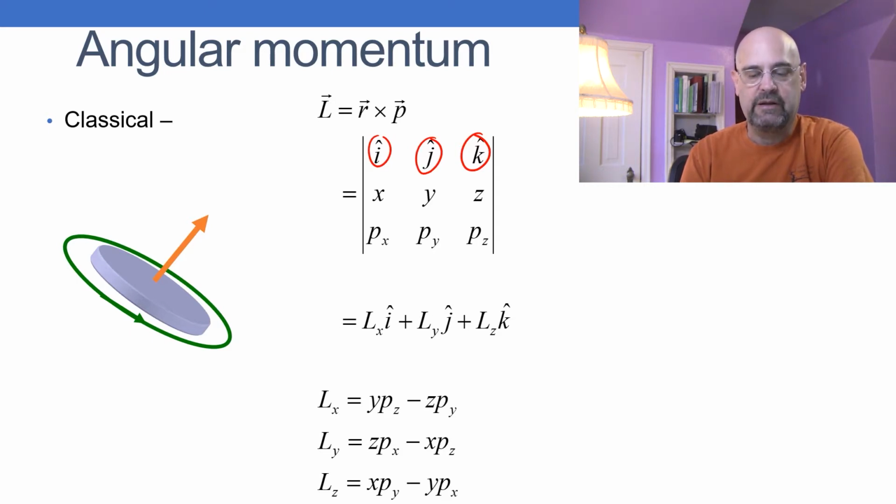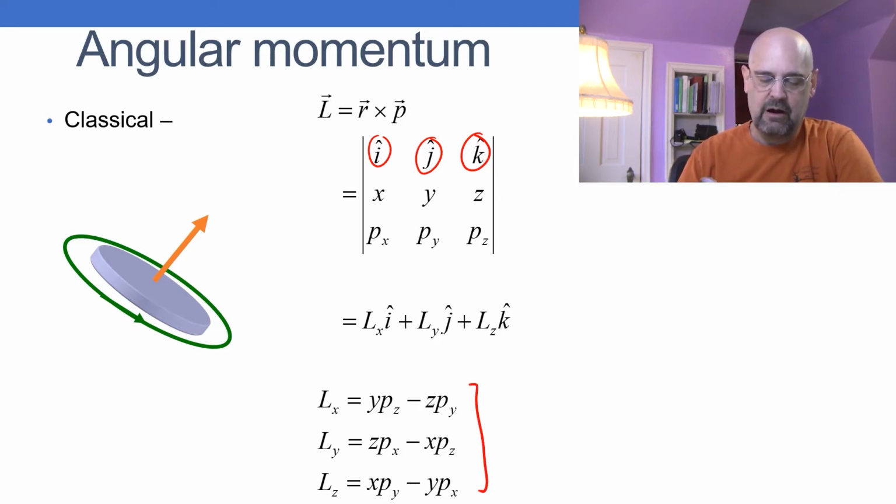And so what we're going to end up with is the angular momentum vector is going to be an Lx quantity times the i unit vector plus Ly times the j unit vector, y direction, Lz, k unit vector, z direction. We can also show that these terms here are y pz minus z py, etc., etc.